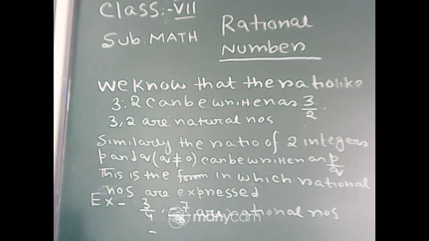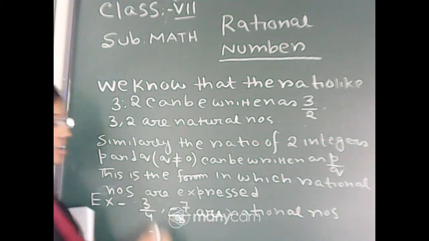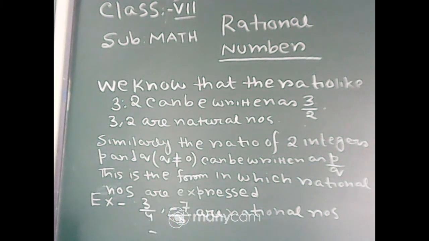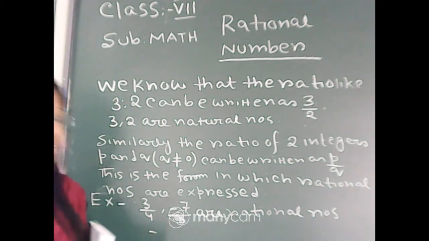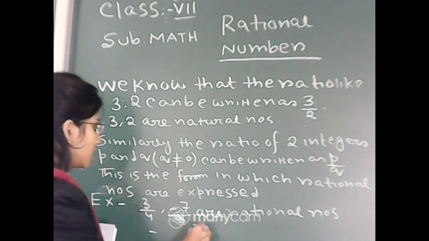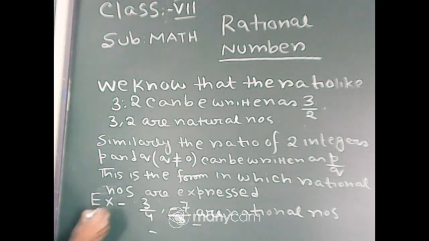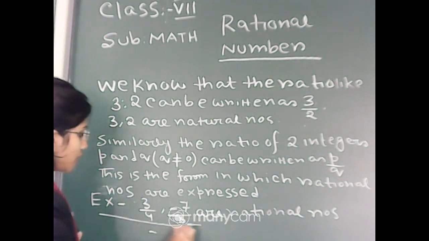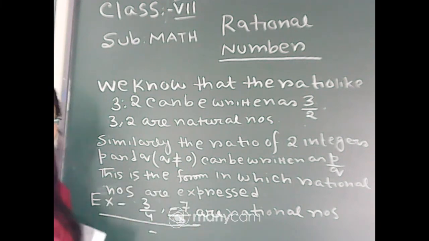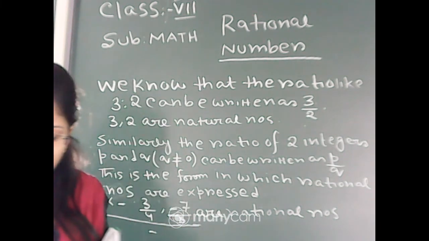Therefore, 3 divided by 4, minus 7 divided by 8 and so on are rational numbers, because these are in the form P divided by Q, where P and Q are integers, may be positive or negative, and Q not equal to 0. Clear?